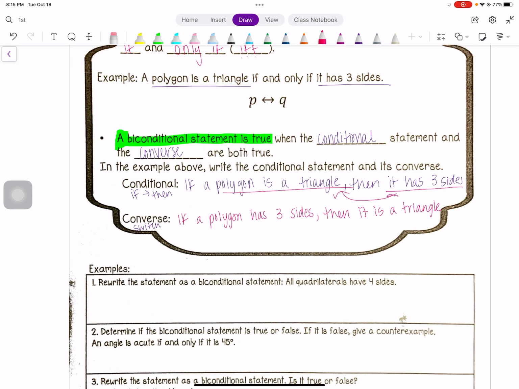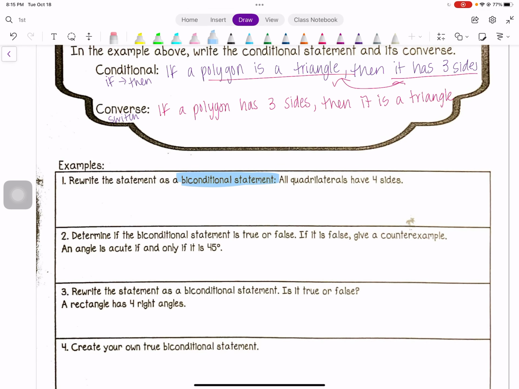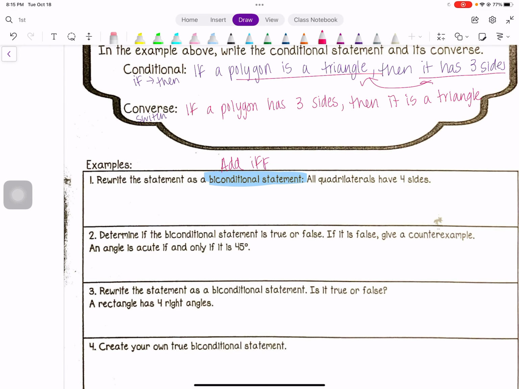Okay, so we're going to write examples of biconditional statements. When it says biconditional, that means you're going to add if and only if. So this one says all quadrilaterals have 4 sides. We're going to say a shape is a quadrilateral, if and only if, and then we'll put it has 4 sides.